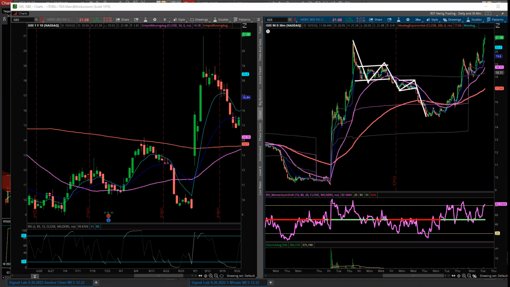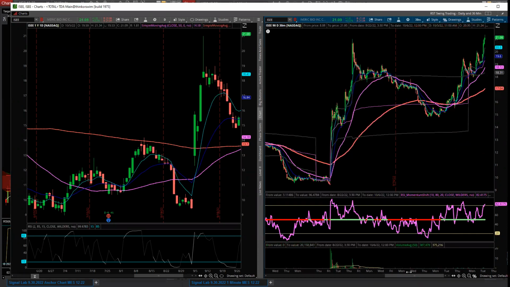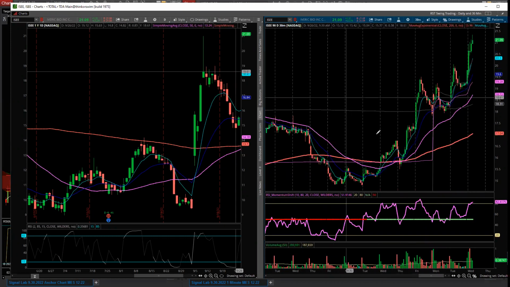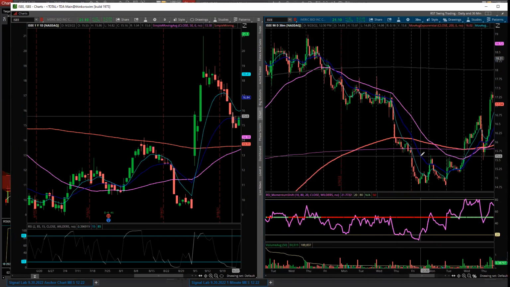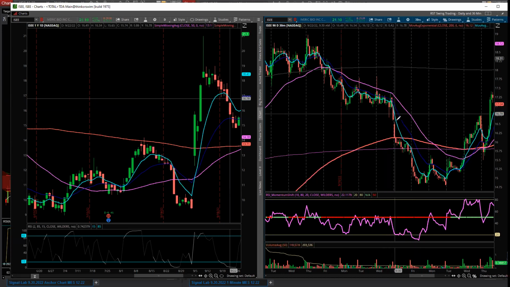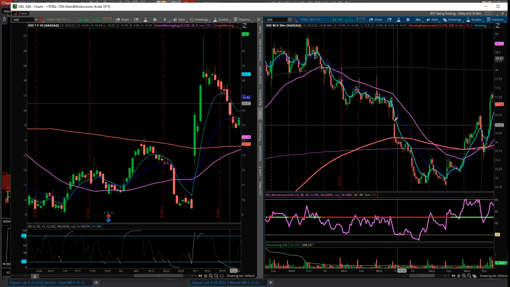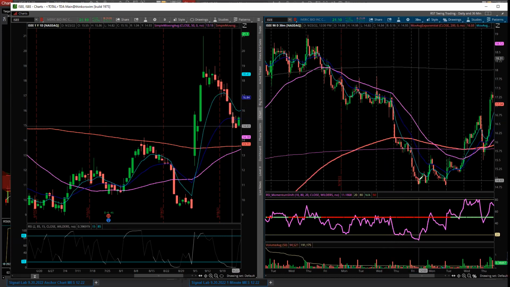Okay, now what you can do is use, after you get that 1, 2, 3 pattern, and usually that last push is associated with range expansion and volume and even volatility. So what you'll usually see is a sustained move for a while.